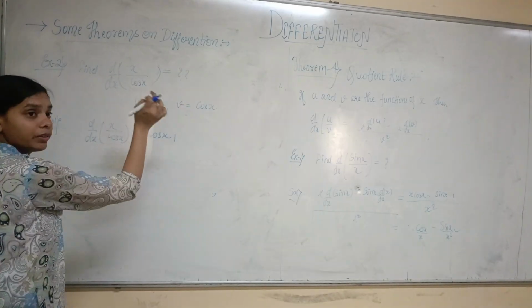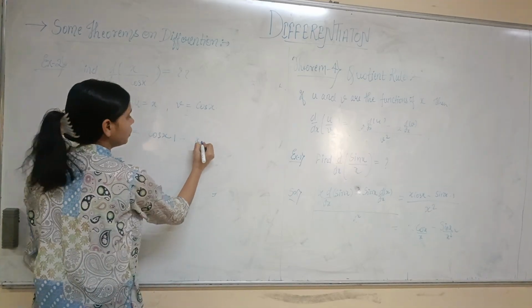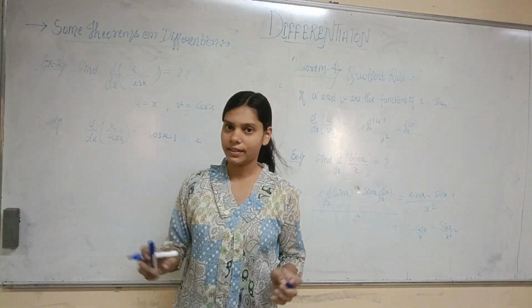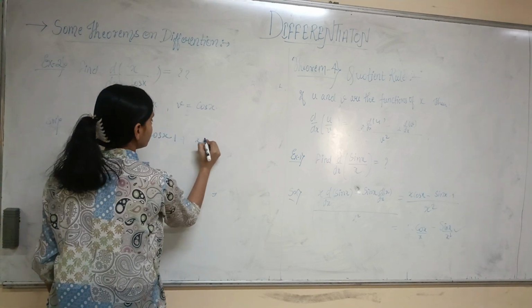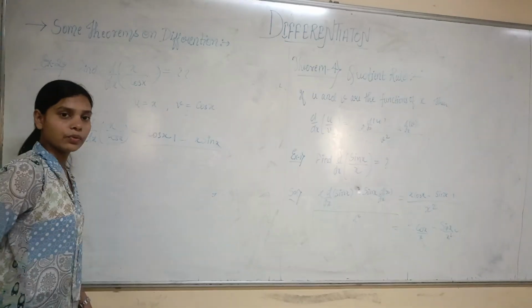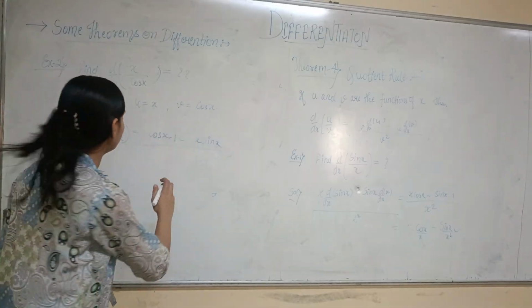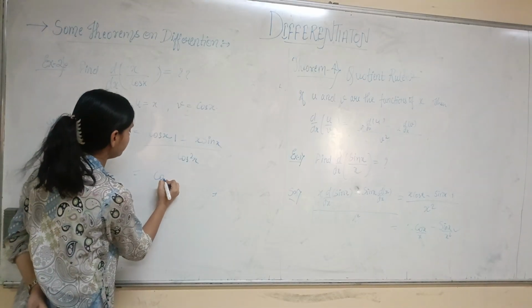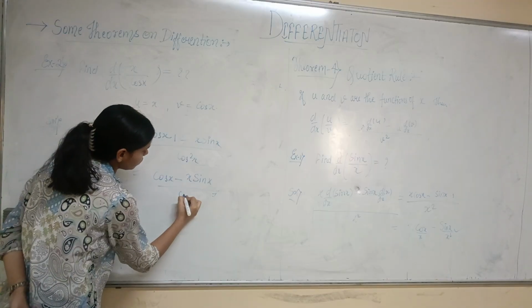Second function into differentiation of first function minus first function into differentiation of second function. And what is the differentiation of cos x? Exactly, minus sin x. So here we can write plus x sin x, right? Upon square of the second function, v square, and v is equal to cos x, so v square is equal to cos square x. So we can write cos x upon cos square x plus x sin x upon cos square x.